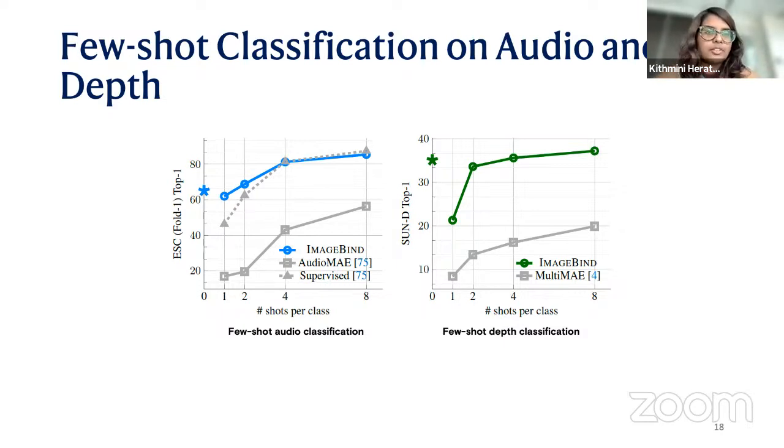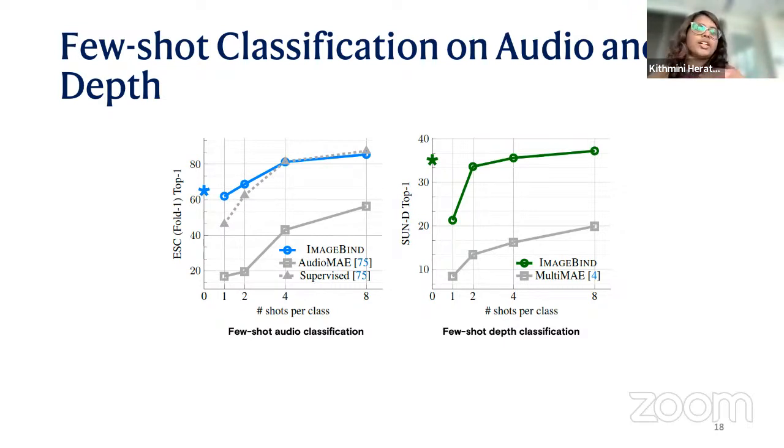I think few-shot classification here means you have very limited examples from that class. So when you are given totally new audio clips, it's still able to classify them, even though it had very limited data.